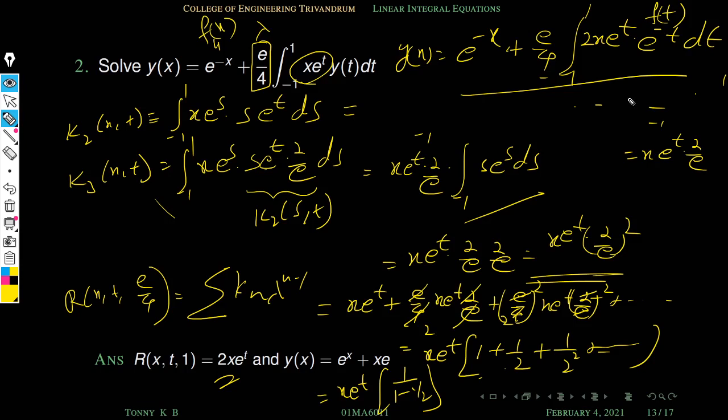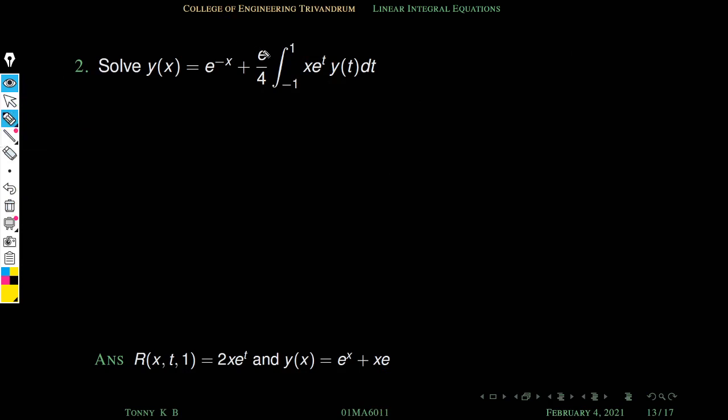In some problems, instead of giving this particular value, they give lambda itself. Then we will find R(x,t;lambda).